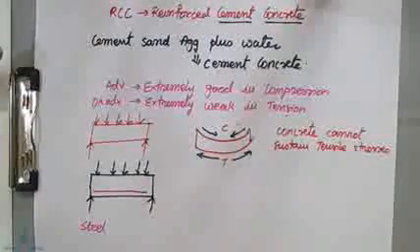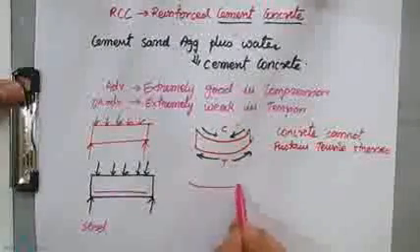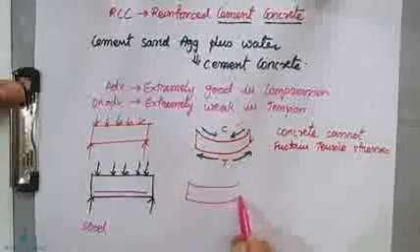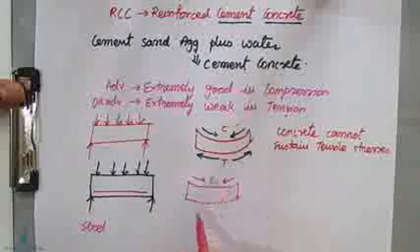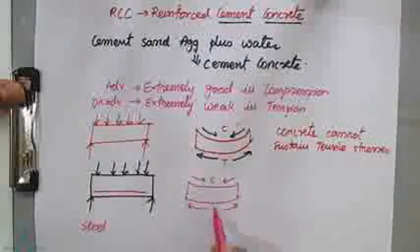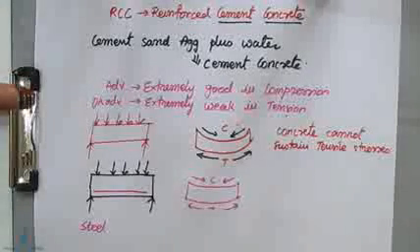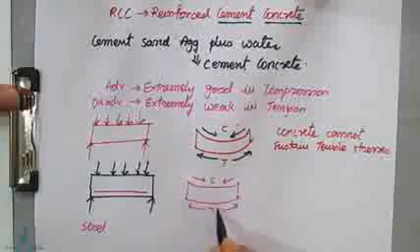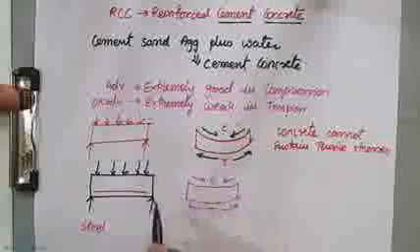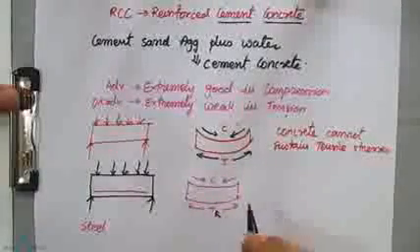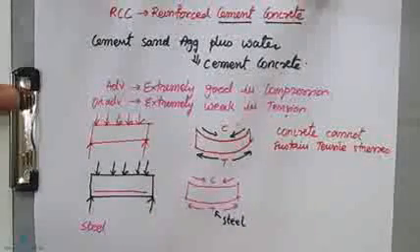Now the beam will again undergo bending in the same way. This is in compression and this is in tension. But after inserting this steel rod, whatever amount of tension the concrete was not able to take is taken care of by the steel, which is reinforced in the cement concrete.